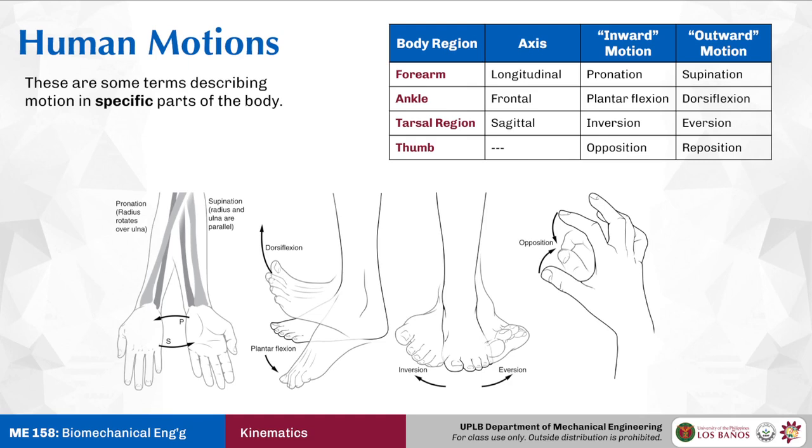So these motions are for specific parts of the body, and there are many other terms, especially for the jaw, but we will not cover that for this lecture. However, these are not like flexion and extension because during these motion terms in specific parts of the body, there are multiple muscles that are being engaged.